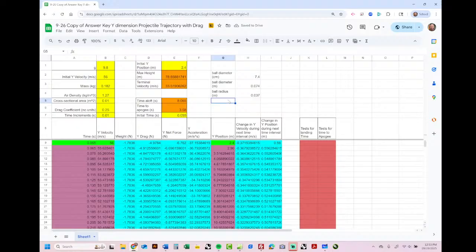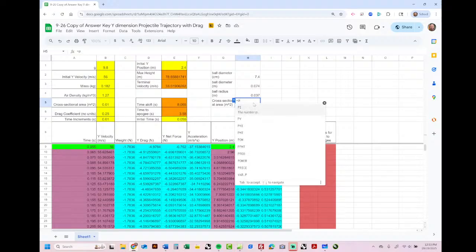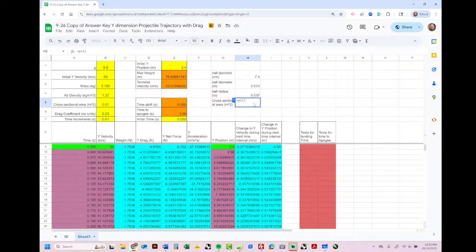So cross-sectional area, in meters squared, is going to equal pi. This is how you do pi. You could do 3.1415, whatever. But if you just do that, pi, open and close your parentheses, that's going to give me exactly pi, or at least pretty close to it, times this radius squared.